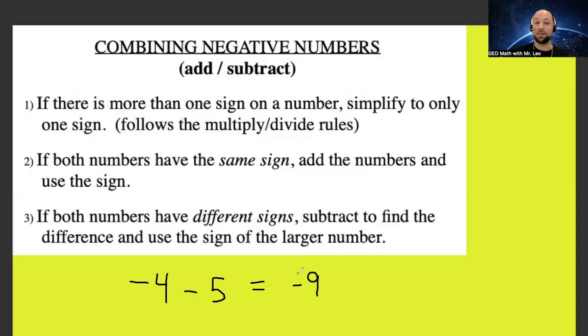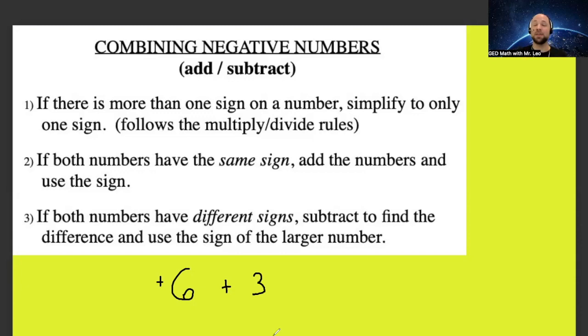Let's do another example. How about this one? 6 plus 3. Wait, what's going on, Leo? There's no minus signs here. I know, I'm just making a point. Does the 6 have any signs on it? No, but you could think of it as having an invisible plus sign because it's positive. So look at these numbers.